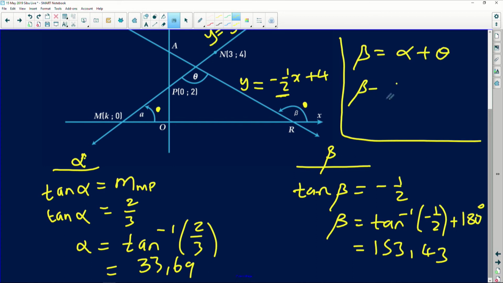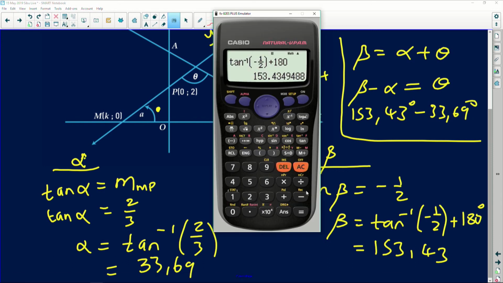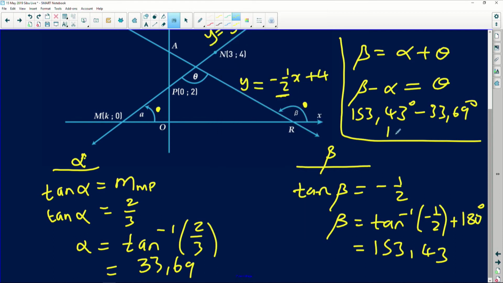So big inclination minus small inclination will give me theta, which means 153.43 degrees minus 33.69 degrees will give me the answer I'm looking for. What do you get? 119.74 degrees. That is the value of theta there.